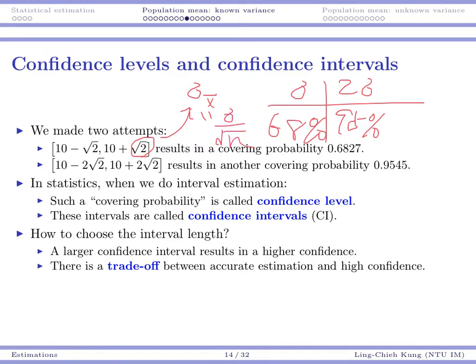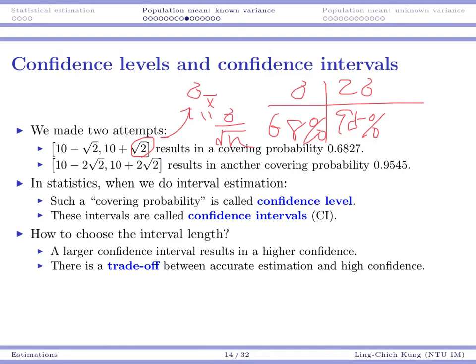Because here we are talking about the sample mean, so the 1 sigma should be with respect to the sample mean, which is the population standard deviation over square root of n. So that's why we get 68 and 95.